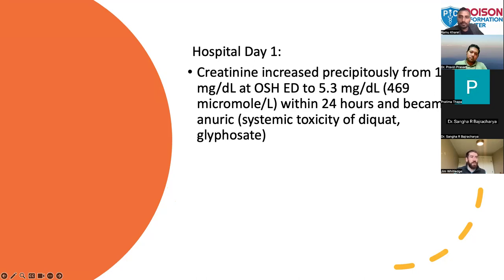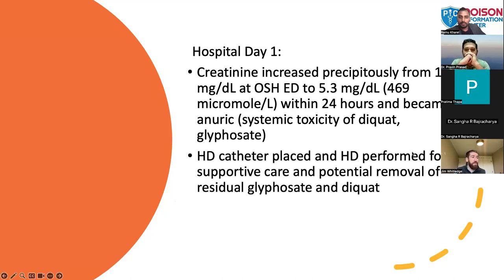This was within 24 hours, and he then became anuric as well, so no urine production whatsoever, which is an expected systemic toxicity of diquat and glyphosate. A hemodialysis catheter was placed, and hemodialysis was performed for supportive care and removal of residual glyphosate and diquat in case any was still present in the bloodstream to be dialyzed.